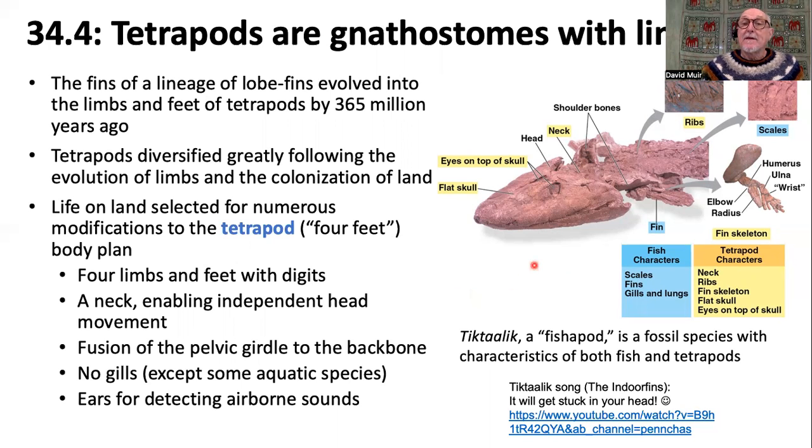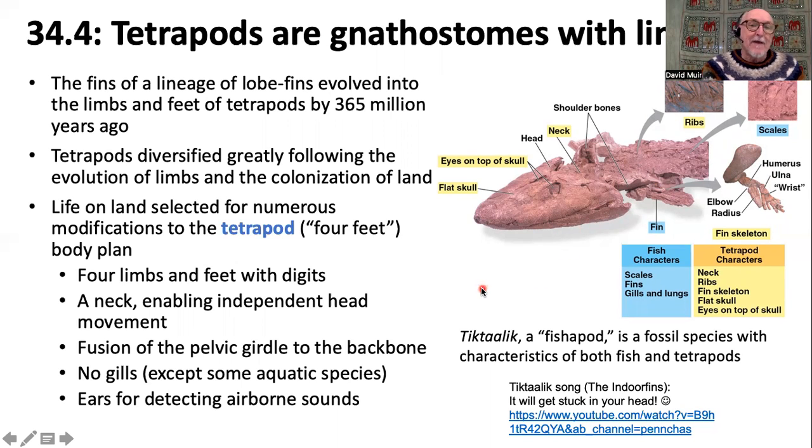So the other thing to notice is, first of all, it's got a neck, so it can turn its head like this, which the fishes can't, none of the fishes can do. They also have a pelvis, a true pelvis, which is fused to the spine, again, as an adaptation for weight. So that these limbs that they had were weight-bearing, even if they were still partially supported by water or spent time in water.